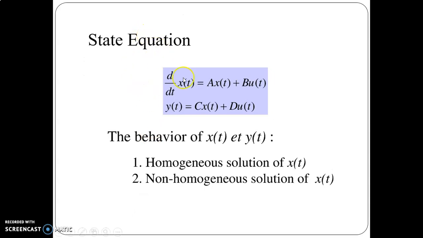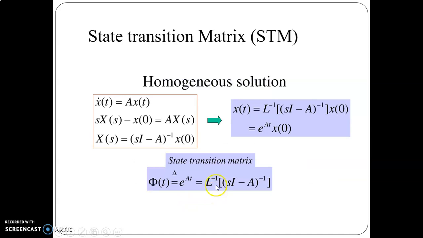First understand the state equation for input and output: x dot of t is equal to A into x of t plus B into u of t, and the output equation is y of t equals C into x of t plus D into u of t. The behavior of this state equation can be homogeneous or non-homogeneous. For the state transition matrix, the homogeneous equation is only x dot of t equals A into x of t.